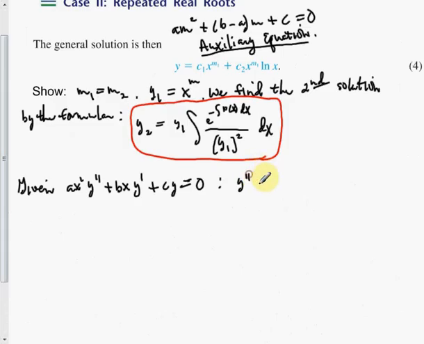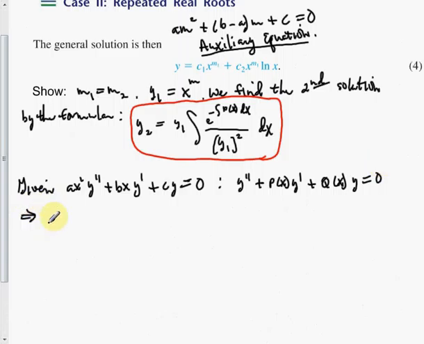Because look, you've got to have y double prime plus p of x times y prime plus q of x times y is equal to 0. So what is p of x? It's b over ax. Do you see that? Because how do you get the p of x? You have to divide everything by the coefficient of y double prime.